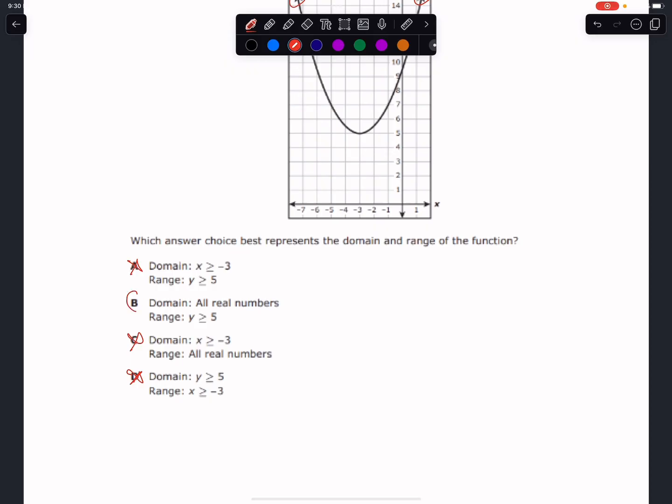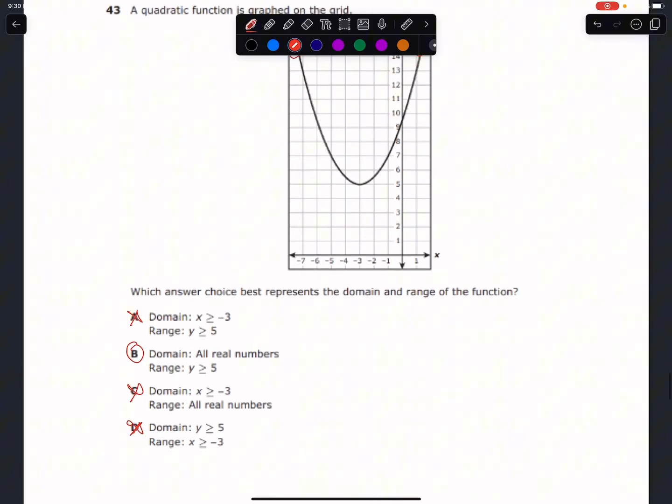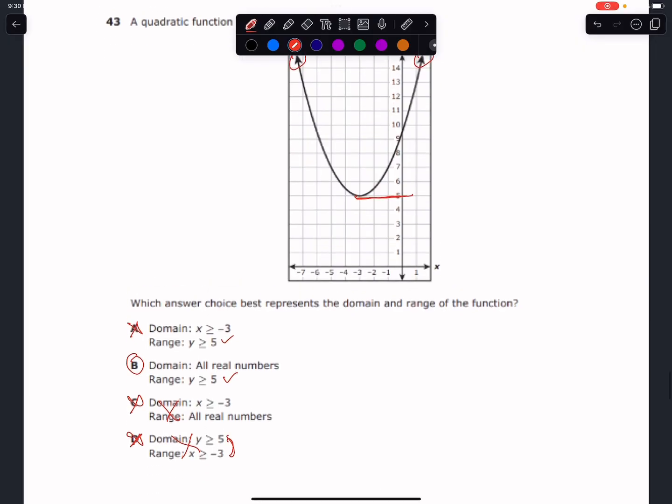The only other option is my answer is B, because I know that there are two arrows. Or you can also have done, okay, the lowest number on Y is 5. Y should have 5. It could have been one of those two. That would have also canceled this one out and canceled this one out because they have these backwards. Okay?